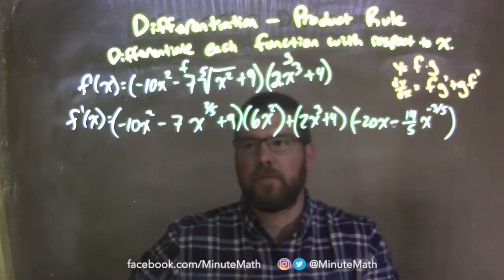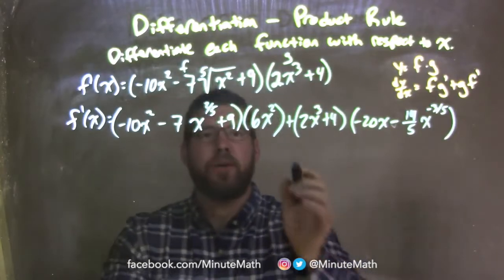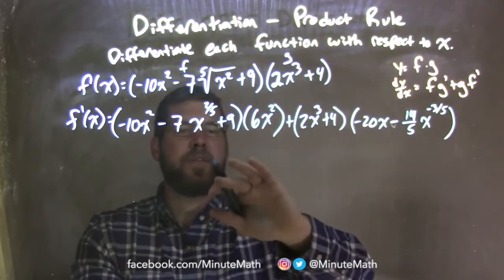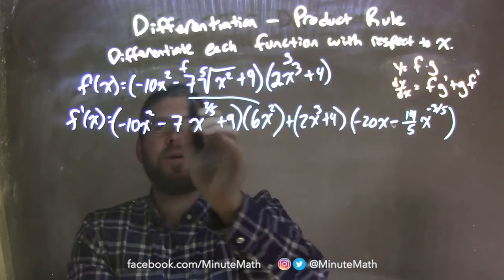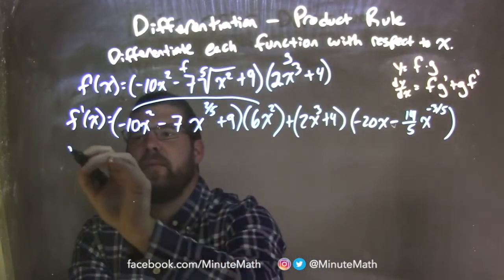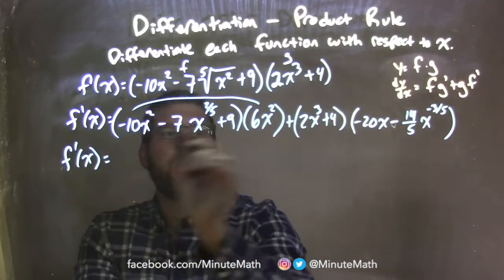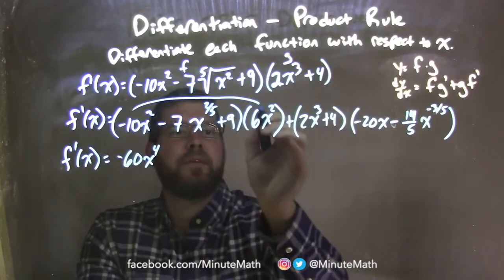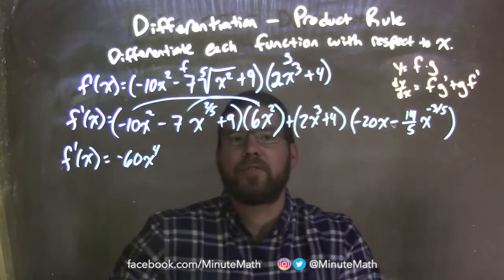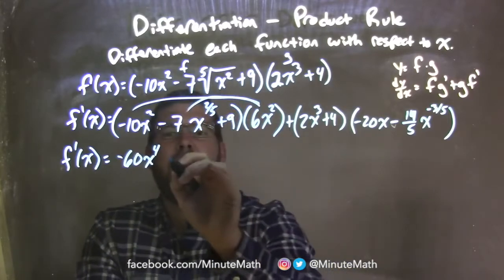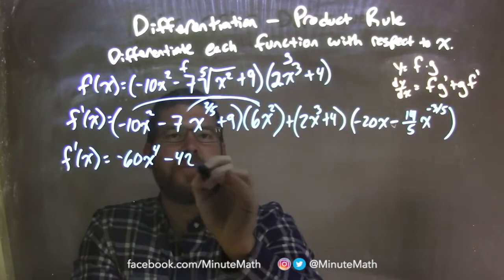So now I need to simplify. To simplify, I need to distribute. Right now we already have our derivative. It's nice and crazy. Let's distribute the things out so we can simplify it. So 6x squared times a negative 10x squared is a negative 60x to the fourth. 6x squared times negative 7x to the 2/5 power is a negative 42x.